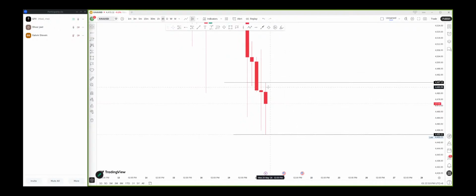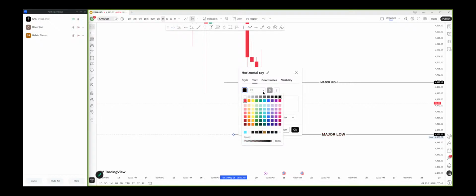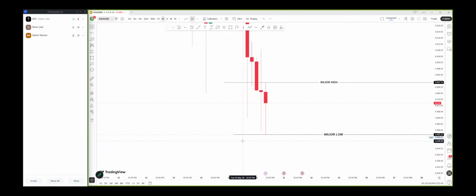So that is your major high and your major low. And this applies to all the pairs and every hour 4 time frame. Major high, major low.